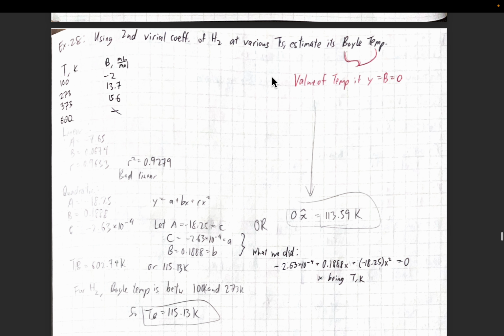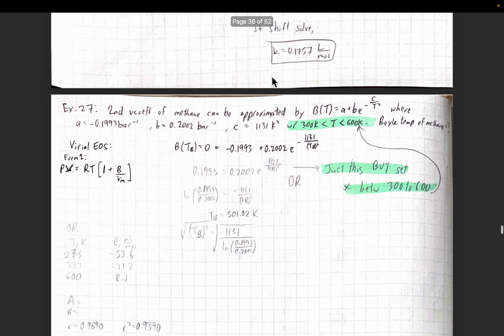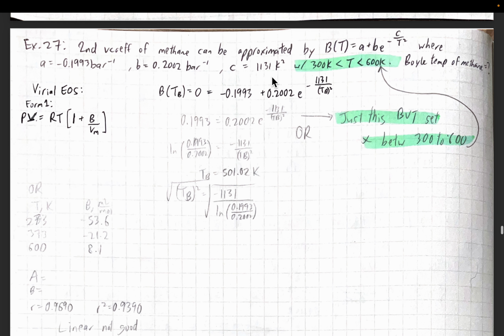So we estimate boil temperature. Oh wait. This is another way to find boil temperature. Instead of our usual estimation, this is more specific. If we are given a function, what exactly do we do with the function?